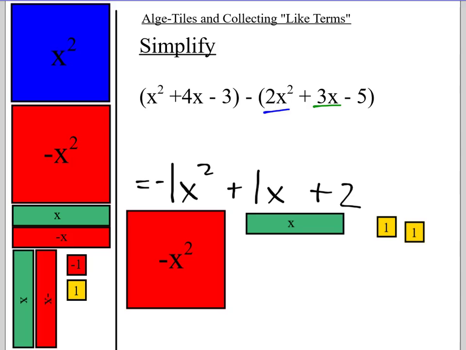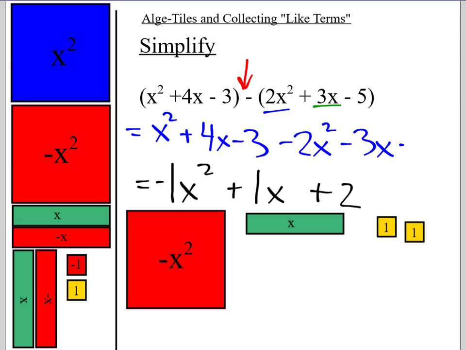And if we're going to write this out algebraically, there's nothing on the first bracket to worry about for subtracting, so I can just drop that bracket. This subtraction sign here gets applied to all of my terms, so I'm going to subtract the 2x squared, I'm going to subtract a 3x, and I'm going to subtract the negative 5, and I'm going to put a big warning on that one.